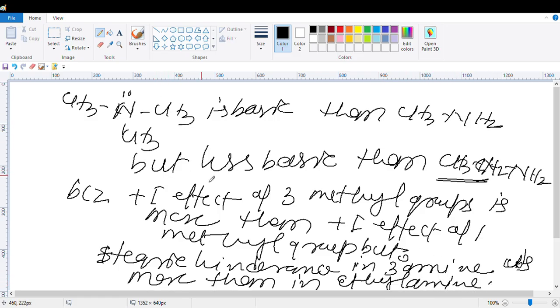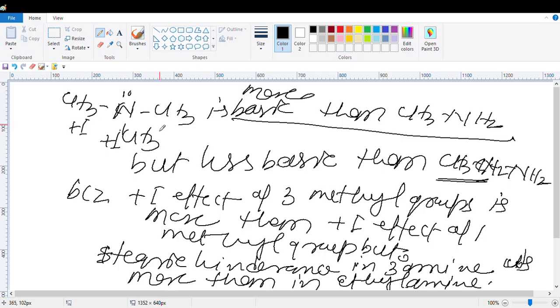So remember that trimethylamine is more basic than methylamine. The reason is plus I effect is the dominating factor here in case of comparison between trimethylamine and methylamine.